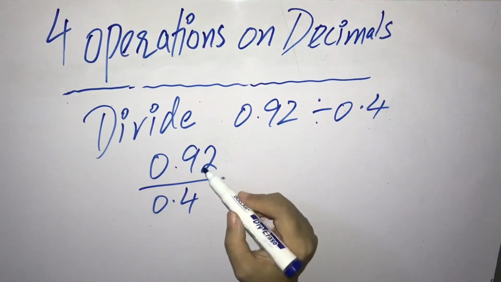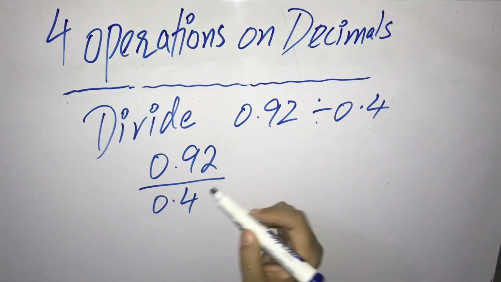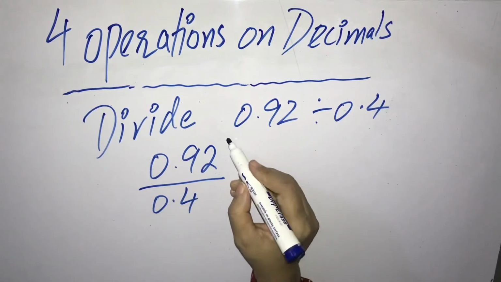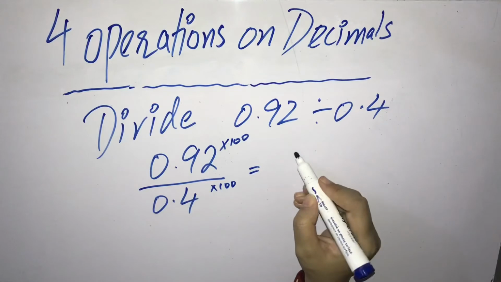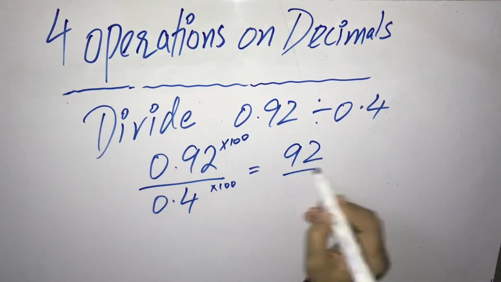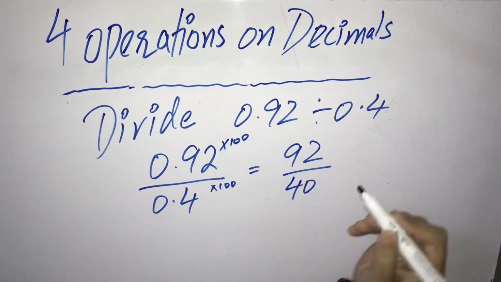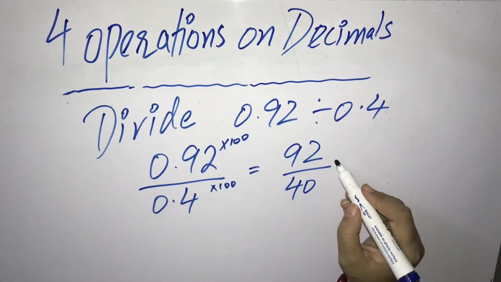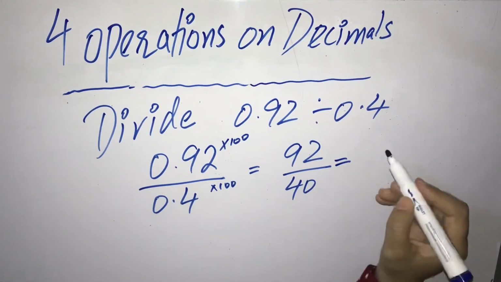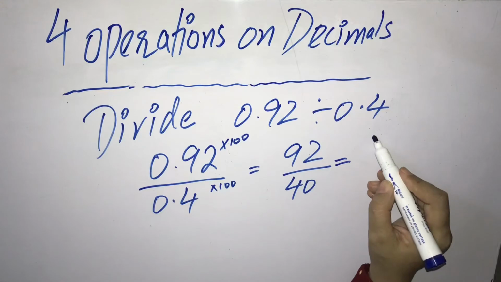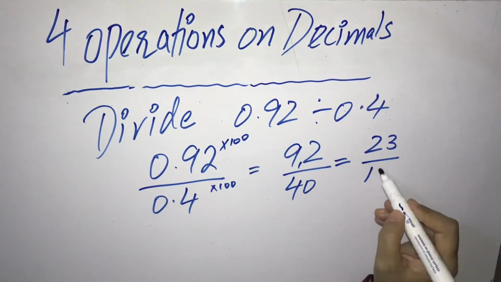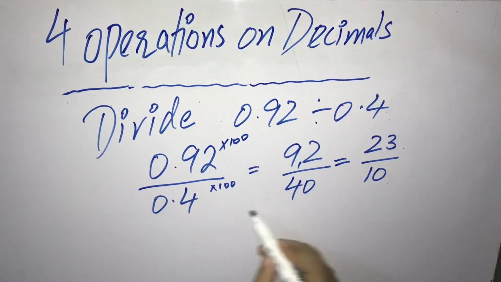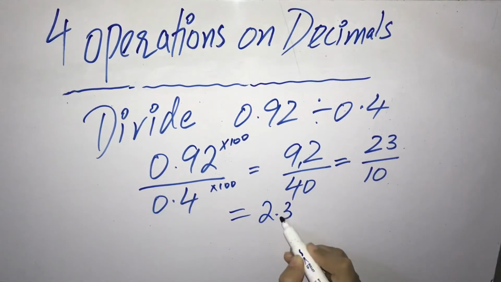As there are 2 decimal places here and only 1 decimal place here, I shall multiply both by 100 and I shall have 92 over 40. I can cancel with 4. 4 1s are 4, 4 2s are 8, 4 3s are 12, 4 1s are 4, 0, and I can give the answer easily as 2.3.